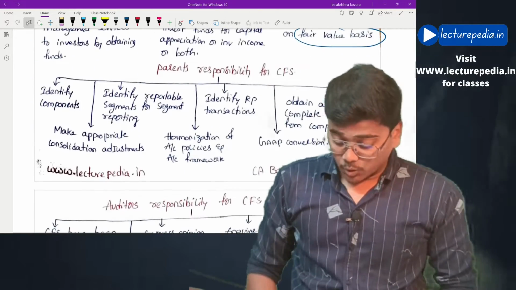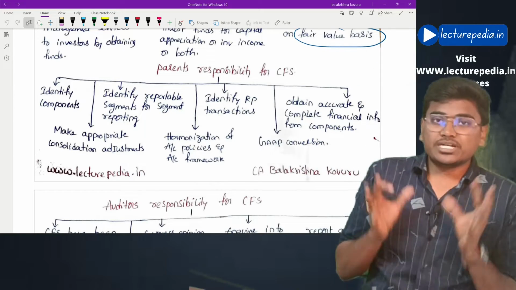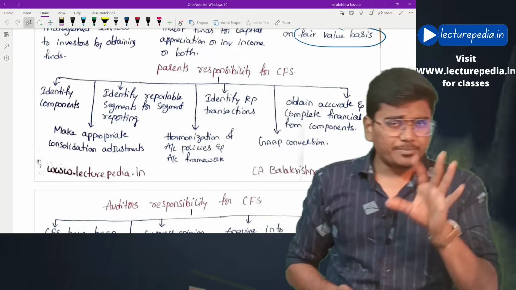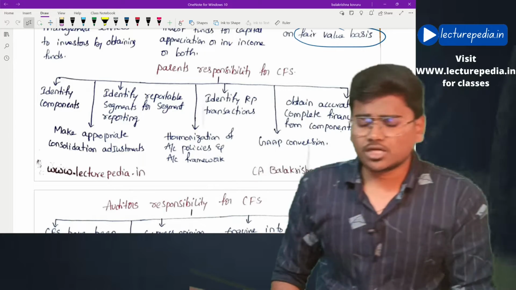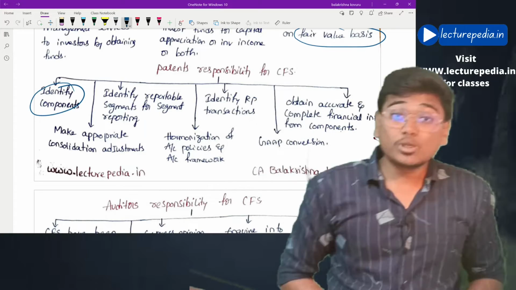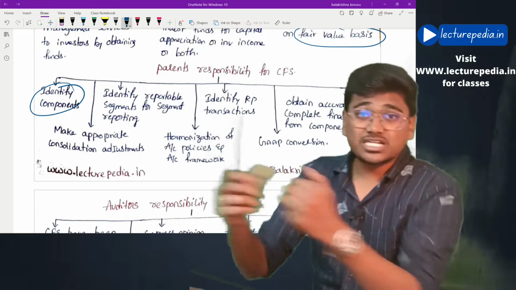Okay. Now, for preparation of consolidated financial statements, there are certain responsibilities on the parent entity. Parent entity means the holding company. What are the responsibilities on the parent entity regarding preparation of consolidated financial statements? The first responsibility is it has to identify all the components. How many subsidiaries we are having, how many joint ventures we are having, how many associates we are having.